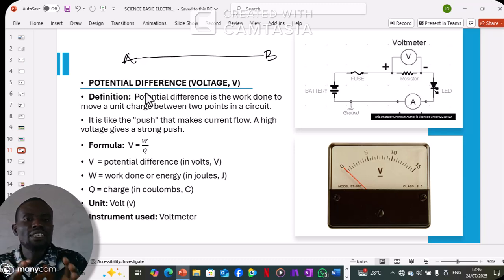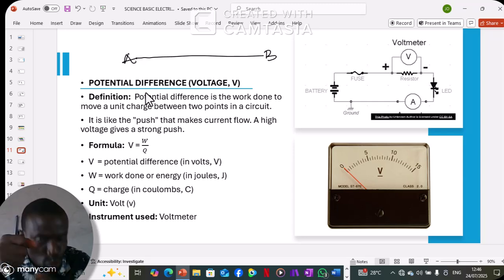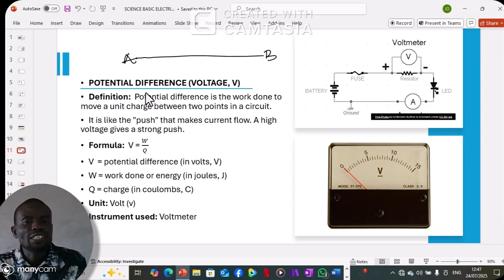But if the voltage is low, the push will be low. There will not be more power, more energy to push the charges to flow. That is why the more the potential difference, the more the current. If the potential difference is low, current will also become low.